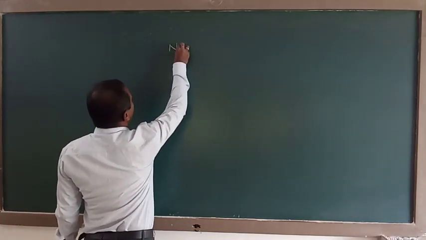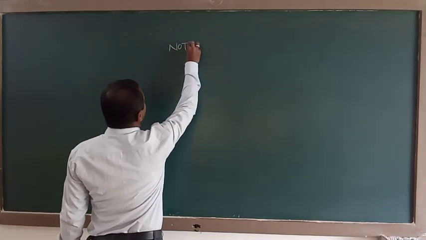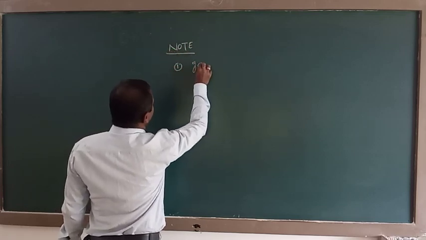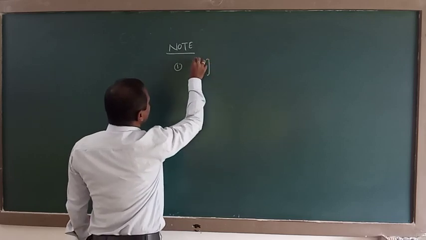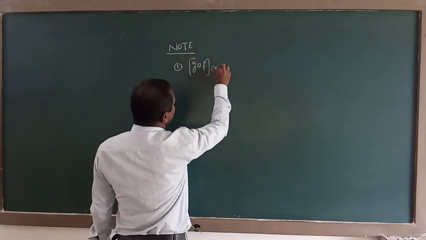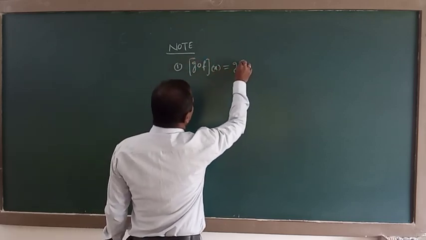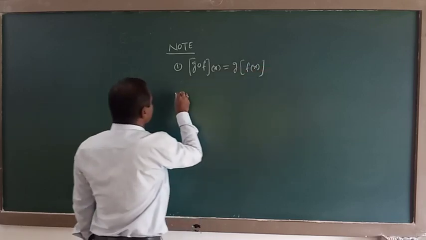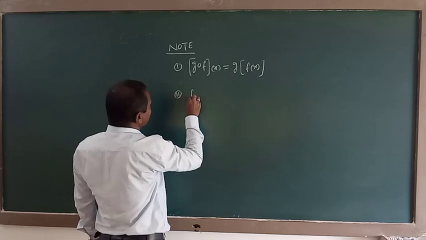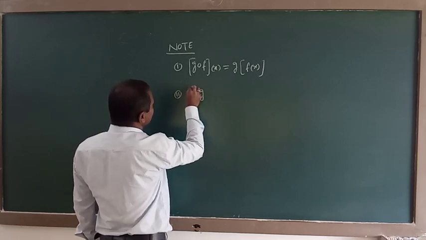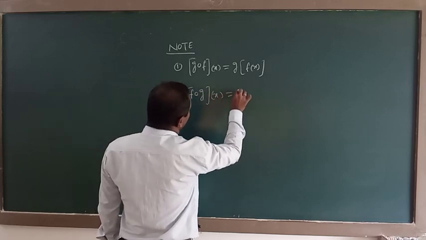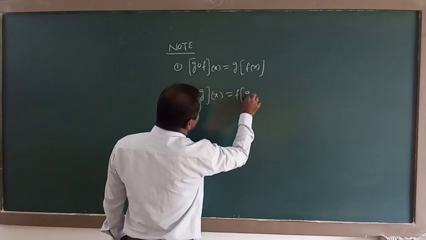Under this note we can give some important points. Number one: g circle f of x is equal to g of f of x. Second: f circle g of x can be written as f of g of x.